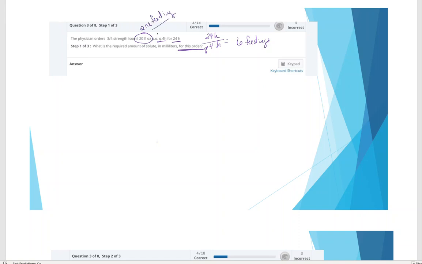Now we can do this 2 different ways. I can multiply this by 6 and then convert it to milliliters. For me, it's easier to convert my 20 fluid ounces to milliliters first. So I know in 1 ounce, there's 30 milliliters. So I'm going to take my 20 fluid ounces, multiply by 30 milliliters, and I'm going to get 600 milliliters.